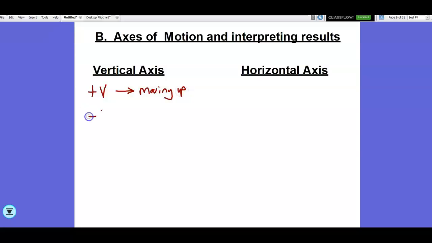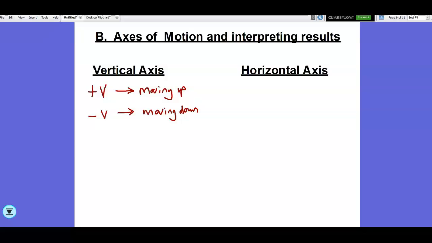Okay? A negative velocity would indicate that your object is moving down. Now you might notice that's a lot like the delta S, right? Because remember, delta S told us we moved up or we moved down. Well, this one says moving up and moving down. Why are they so similar?